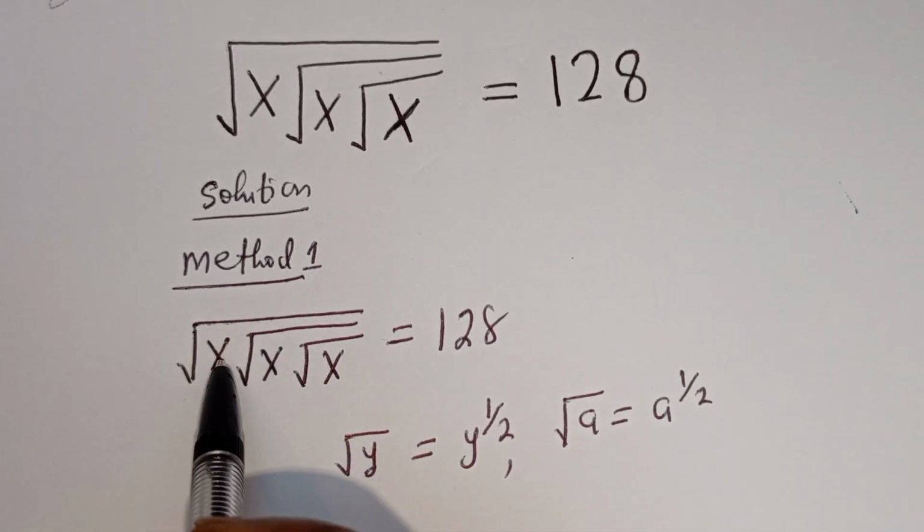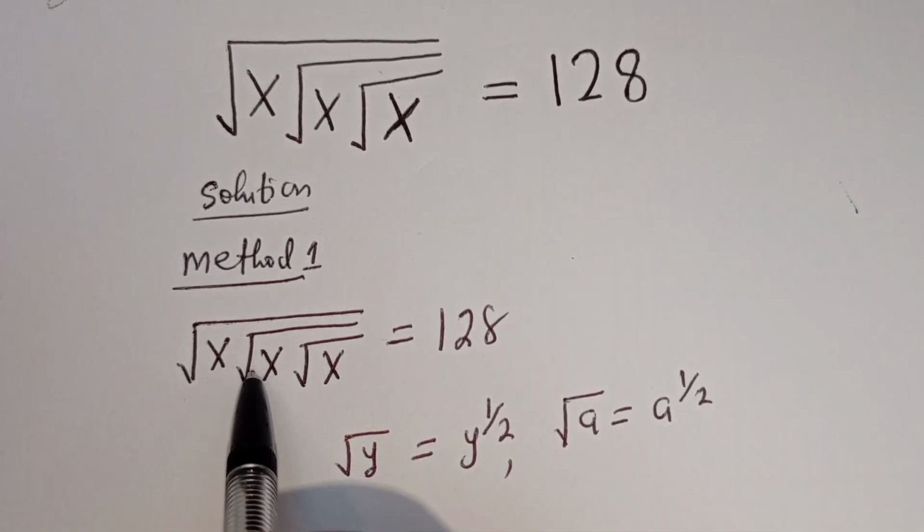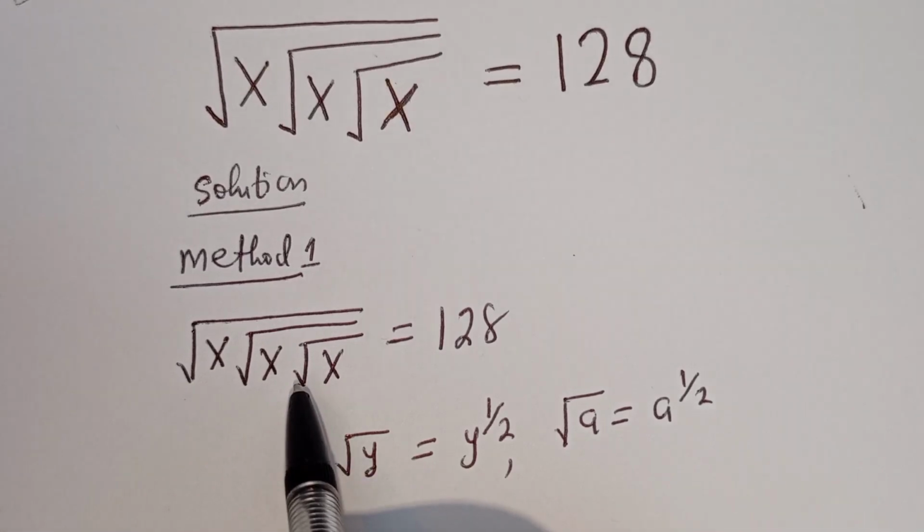Then here we have square root of s (1), square root of s (2), and this square root of s (3).